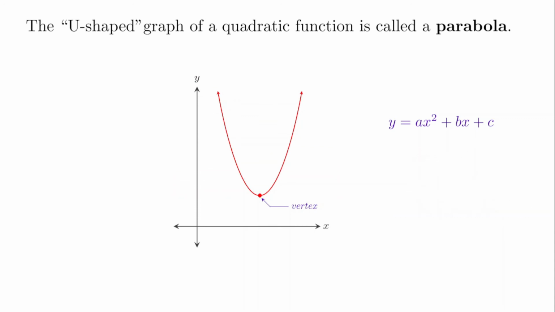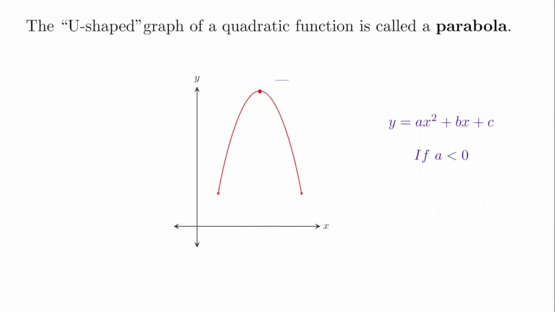Okay? Ngayon, kung yung value naman ng a ay less than 0 or negative, so yung graph naman natin ay opening downward. Okay? The graph opens downward. And the vertex, yan naman yung pinakamataas na point sa graph, or that is the maximum point.